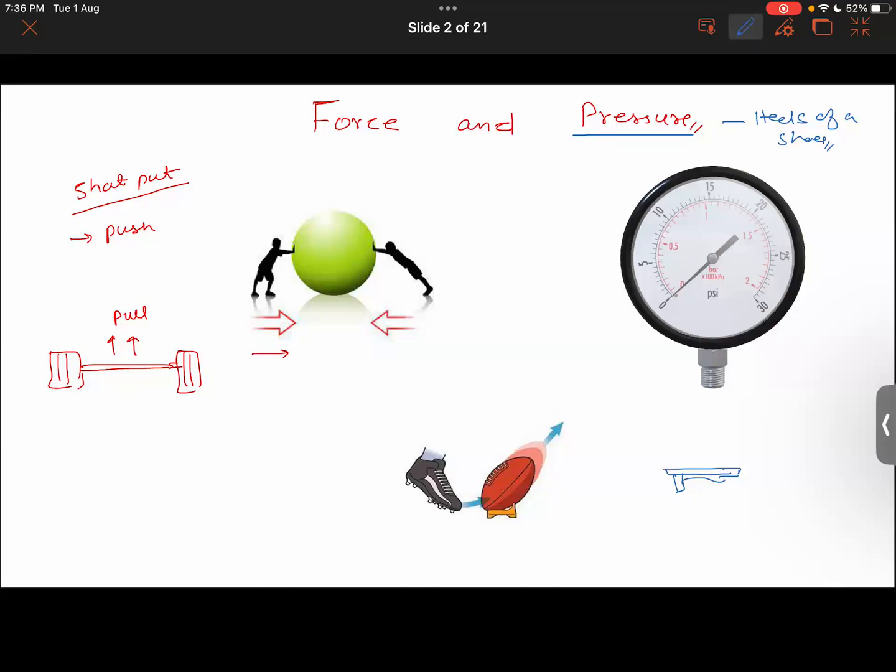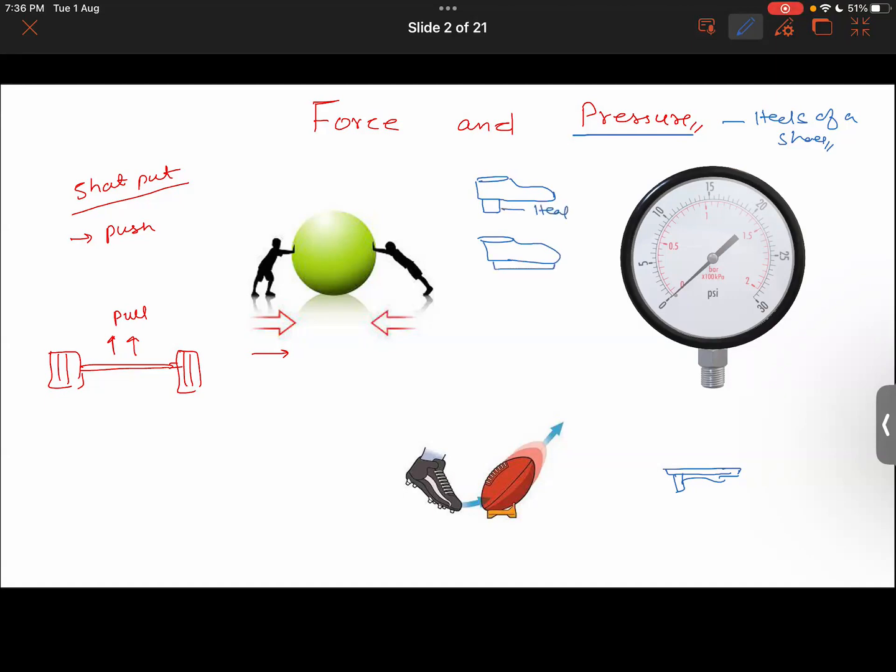It is because due to the broad heel, the force of the man's weight falls on a large area of our foot. Let's say that is a shoe. If the heel is like this, and there is another shoe in which the heel is like this.